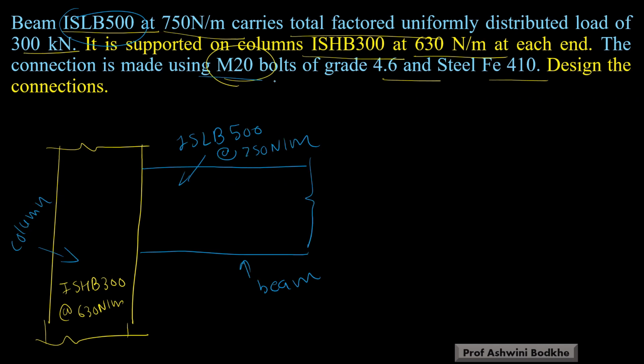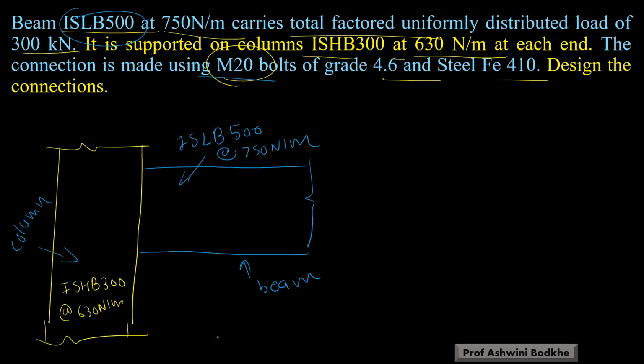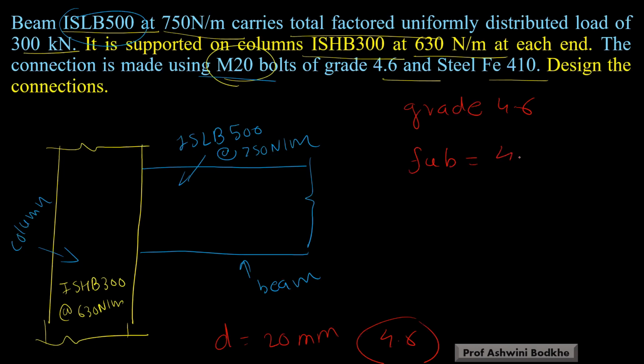The connection is made using M20 bolts. M20 bolt means nominal diameter of bolt is 20 mm and grade is 4.6. Grade 4.6 means ultimate strength of bolt equals 4 into 100 equals 400 MPa.